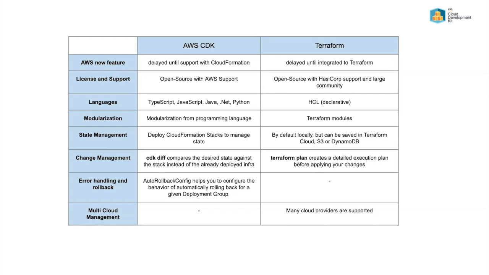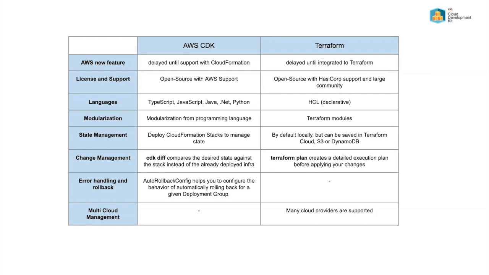The state management is how the tool manages how the infrastructure is already deployed by your code. CDK uses CloudFormation stacks, so you can know at every moment the state of your infrastructure using CloudFormation. And Terraform uses a JSON file that you can store in S3 or a document in DynamoDB, or you can use Terraform Cloud.